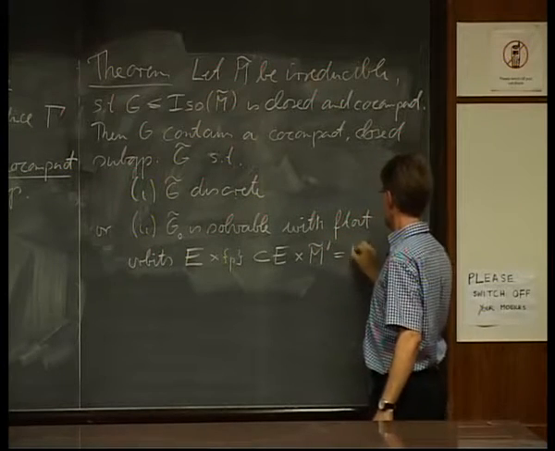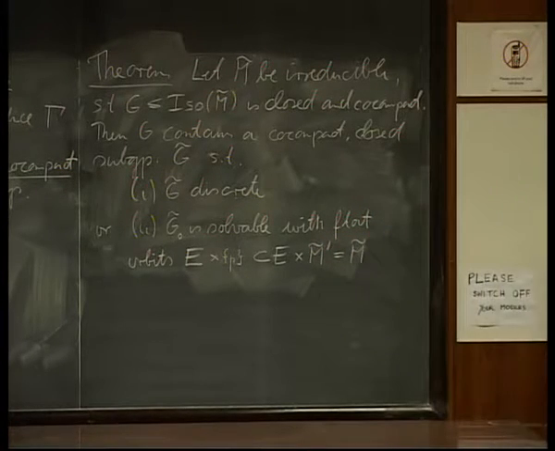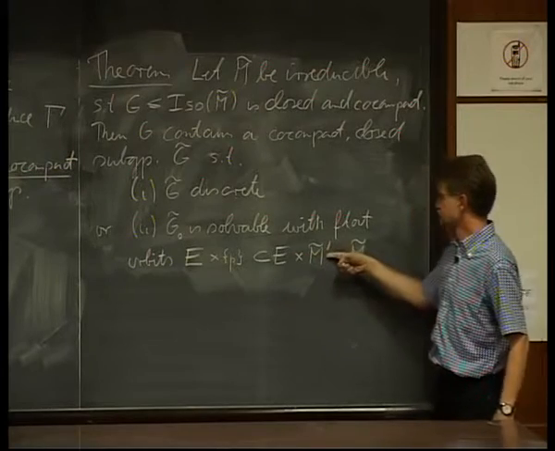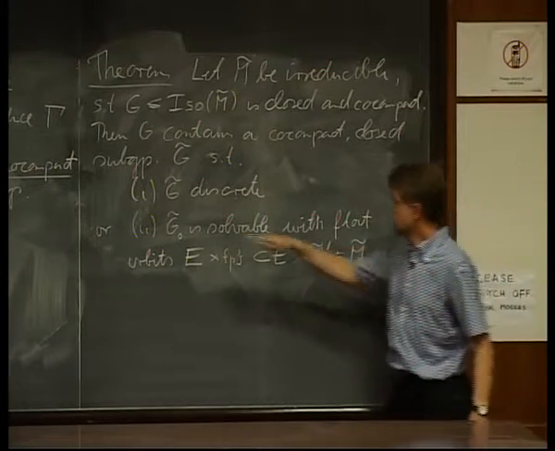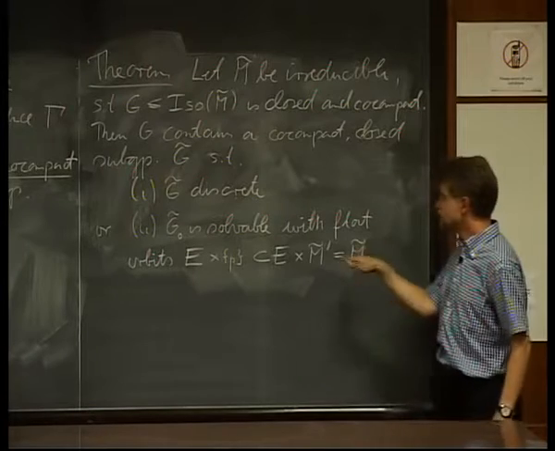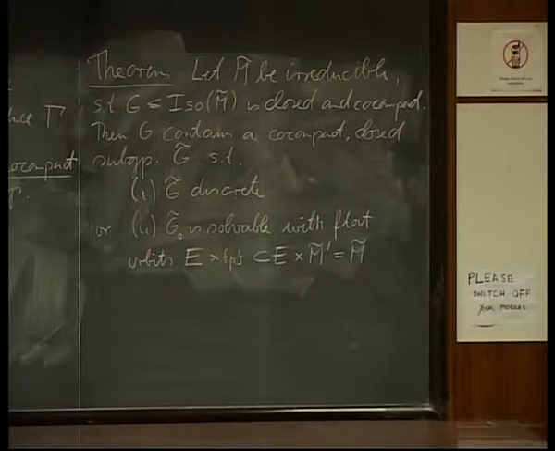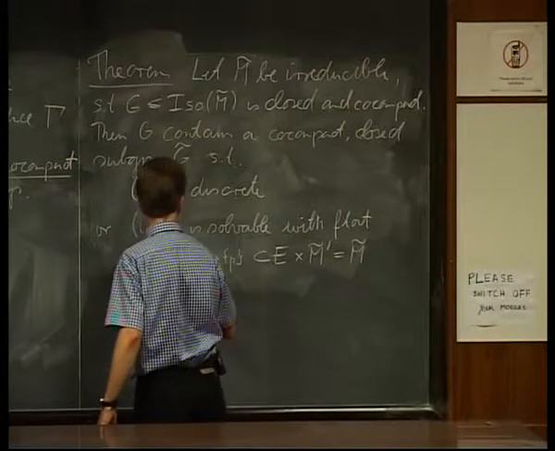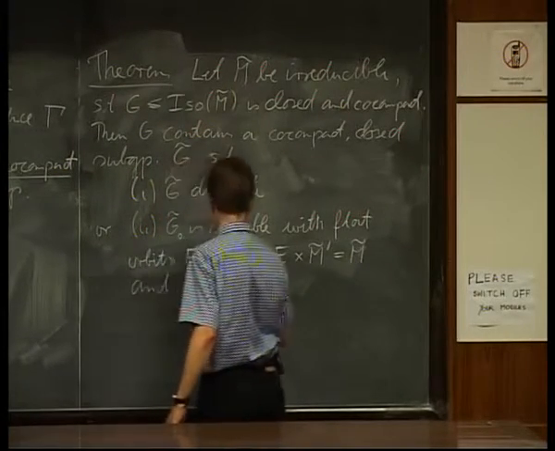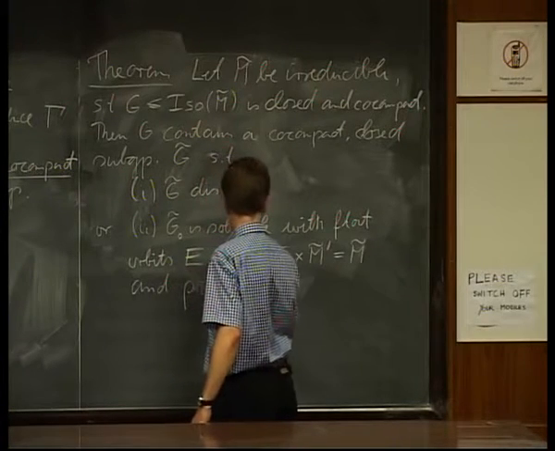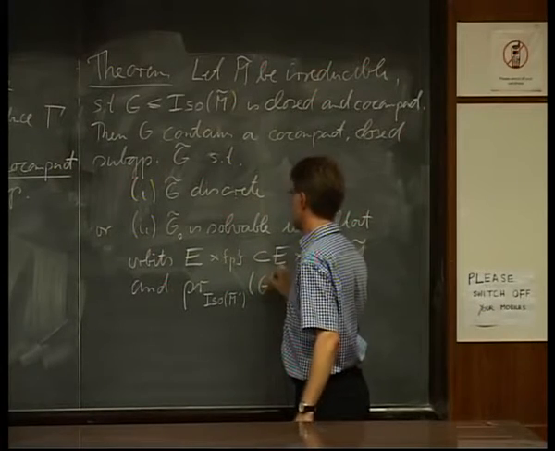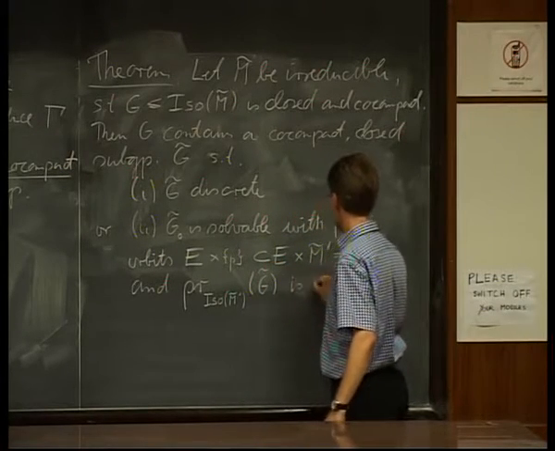So all of M tilde will turn out to be a Riemannian product of a Euclidean space and some additional space, and the connected component acts transitively on each of these leaves E cross P. Whereas the projection to the isometry group of M tilde prime of the whole group G tilde is discrete.